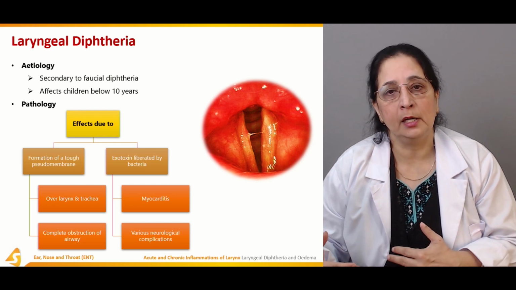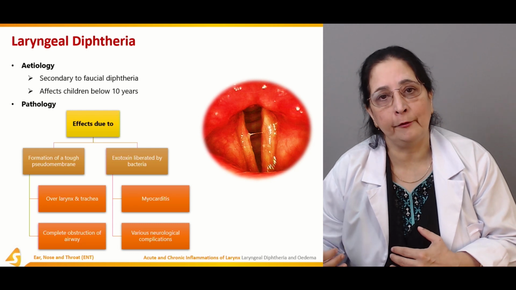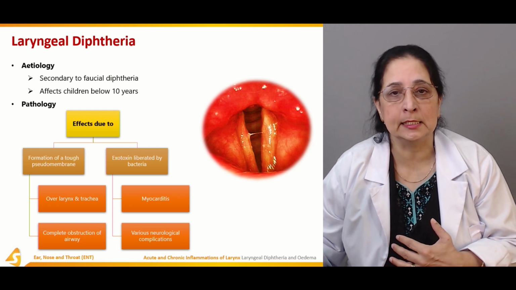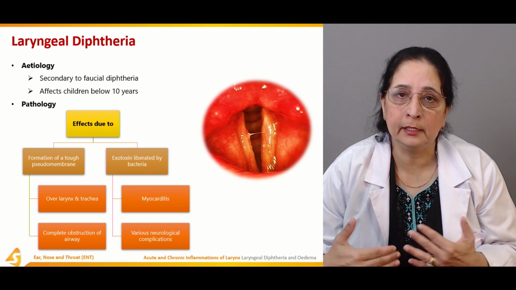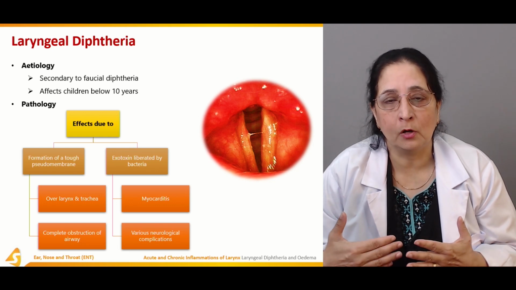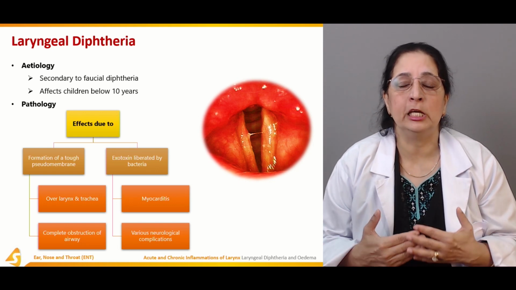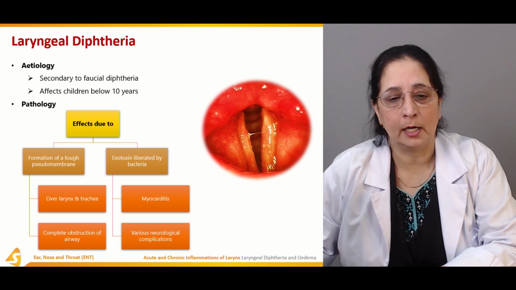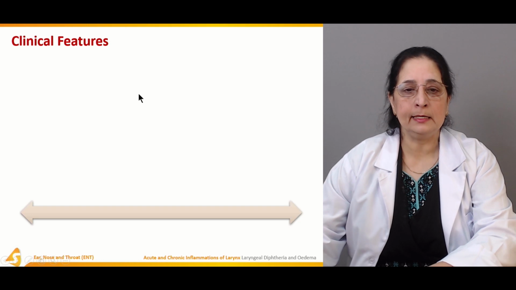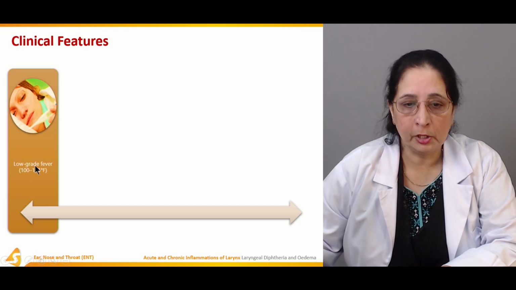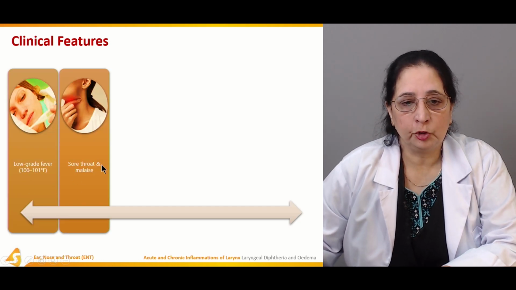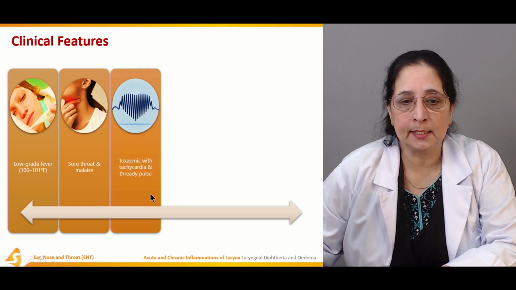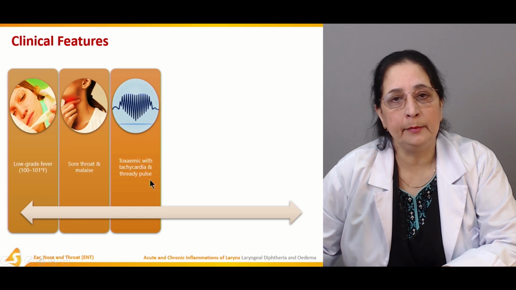So it's a serious condition and should be diagnosed early. It should not be confused with acute membranous laryngitis caused by other infections, because this can cause complications like neurological complications and myocarditis. Clinical features are low-grade fever, sore throat and malaise, toxemia with tachycardia and thready pulse.